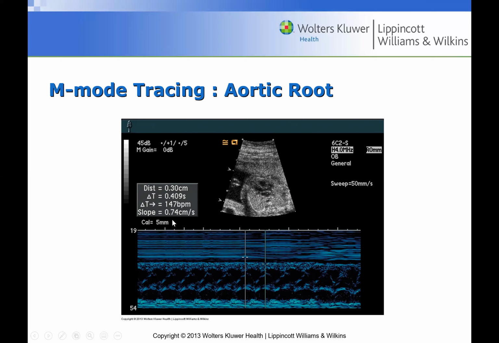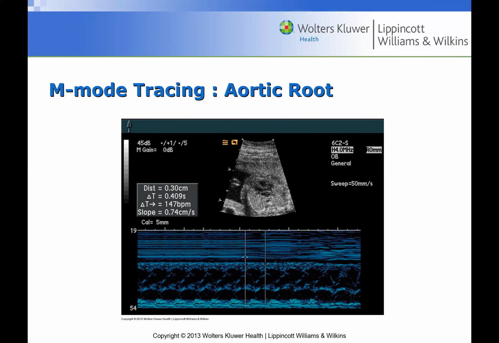Now, if you remember, 120 to 160 is what we want the heart rate to mostly be. If it's greater than 160, it's called tachycardia. And of course, the baby is going to get excited and move around. If it goes up and has some elevation, that's great, but we do want it to get down. Especially if it's greater than 180, I would call it a tachycardia.